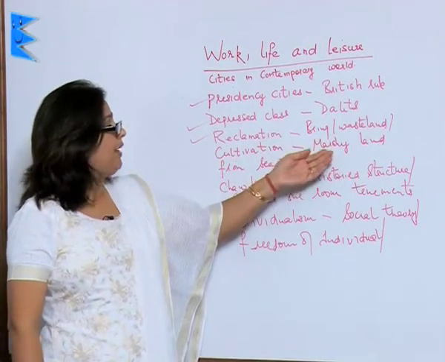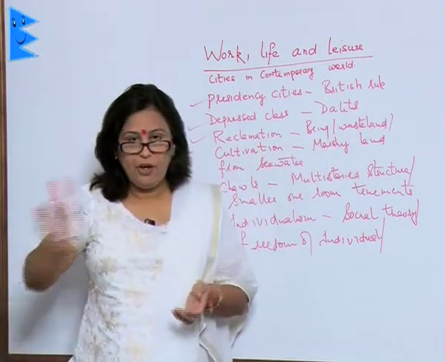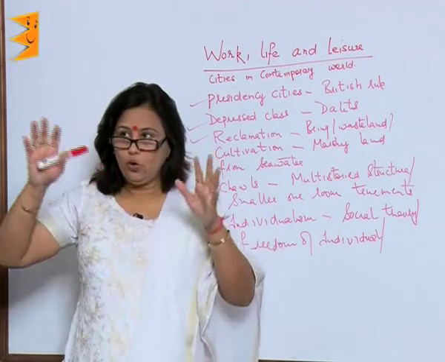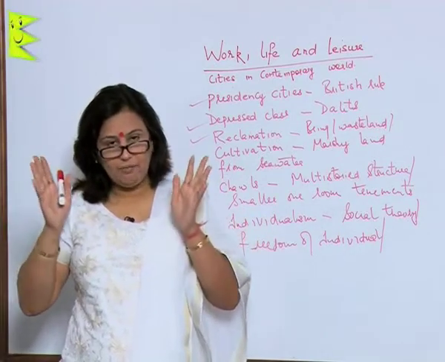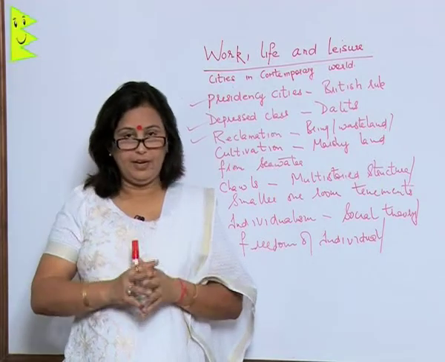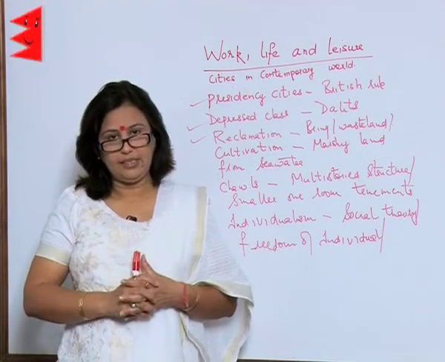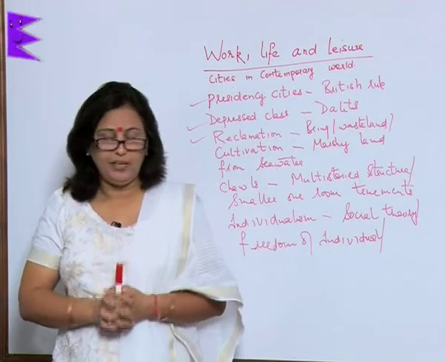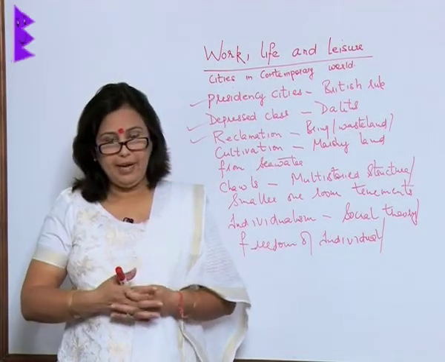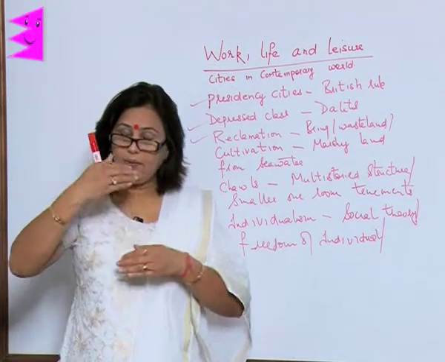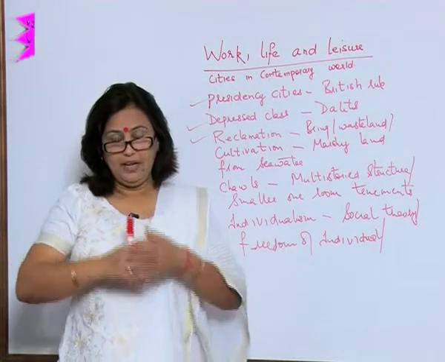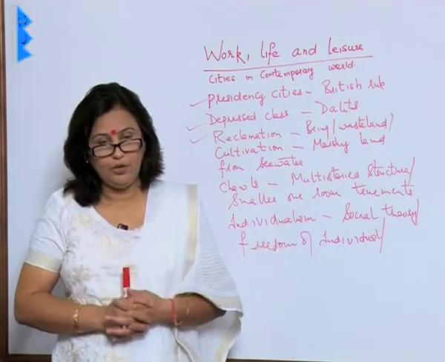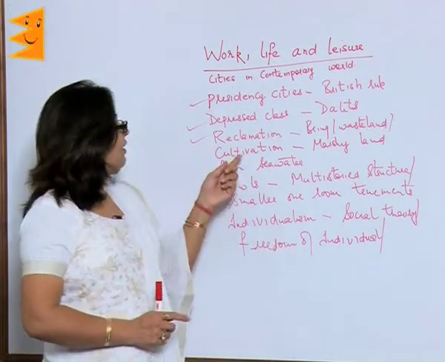You actually bring the marshy land from the sea water into use. So, those places which have been lying vacant for various reasons and which were considered unfit for cultivation or for making buildings, now are being reconverted into lands fit for some human use. That is reclamation.